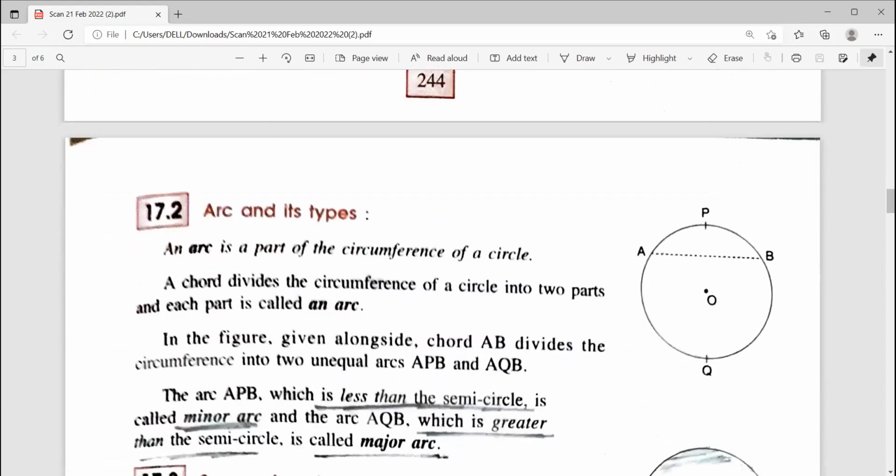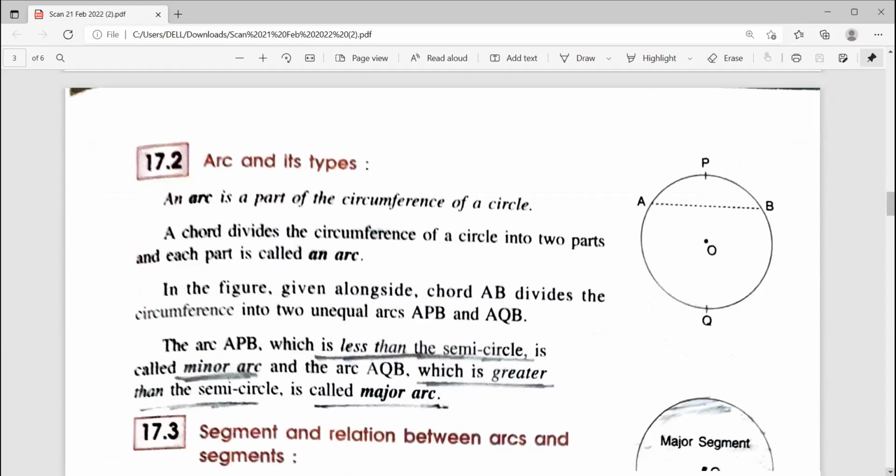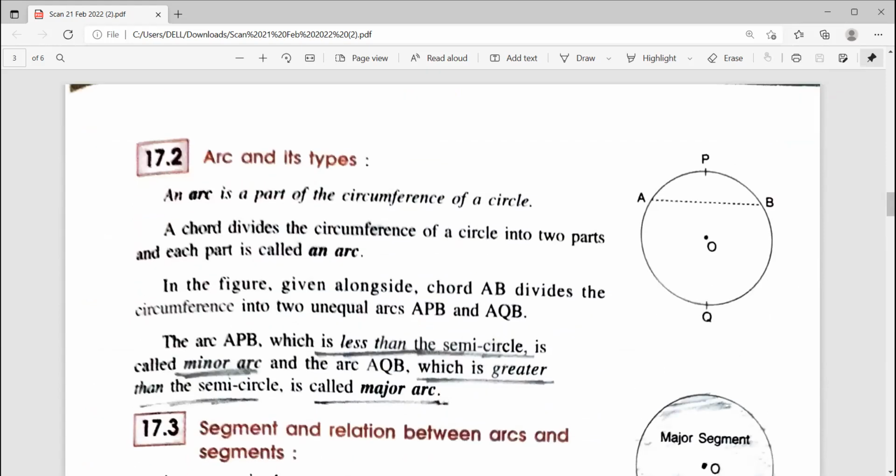Then we did arc and types of arc. A part of the circle is known as an arc of a circle. If the arc is smaller than the semicircle, you call it the minor arc, and the arc which is greater than the semicircle, you call it the major arc.